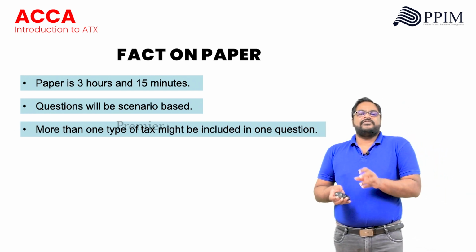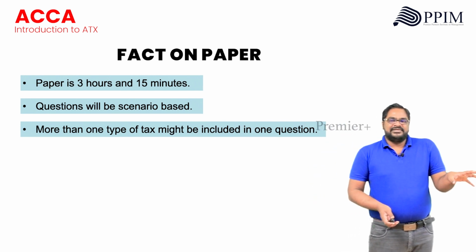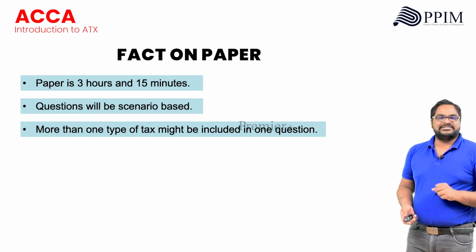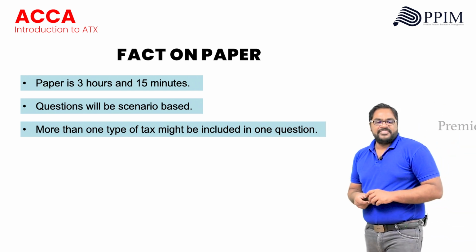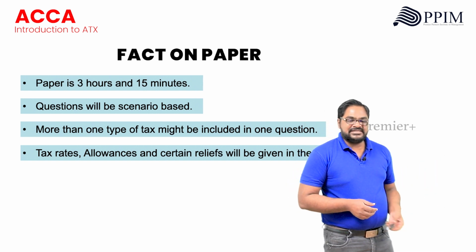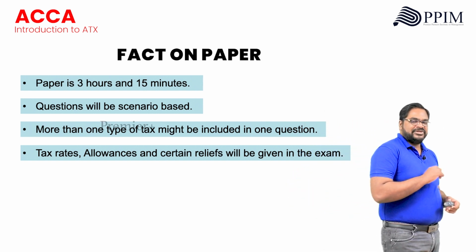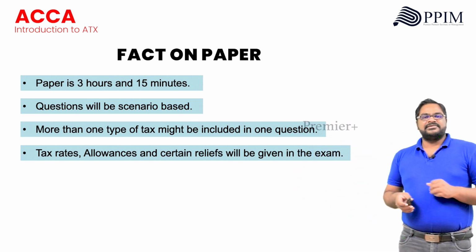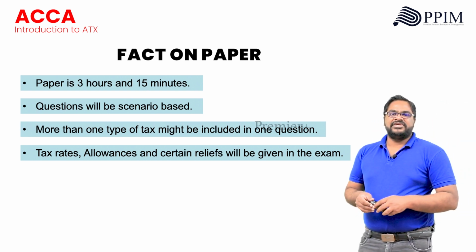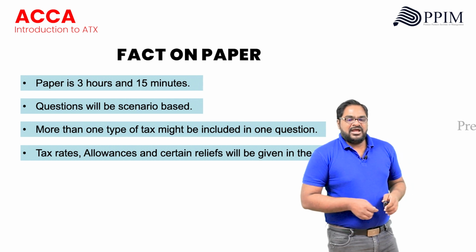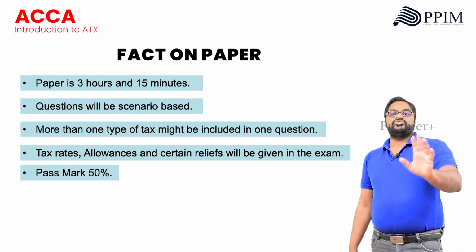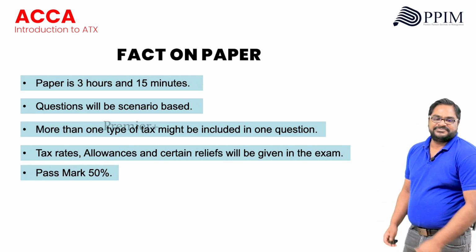So we have to come up with an optimal solution rather than looking at only what will happen for one particular tax. Then tax rates, allowances and certain other reliefs and limits will be given to you in the exam, similar to what you received in F6. A tax rates table will be given to you. The pass mark, as always, is 50. So we have to score 50 for ATX.